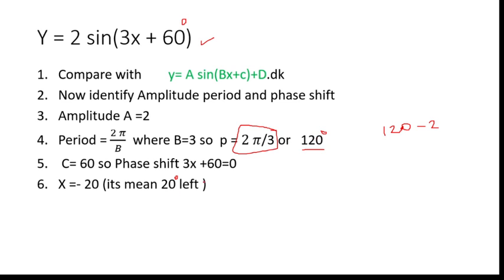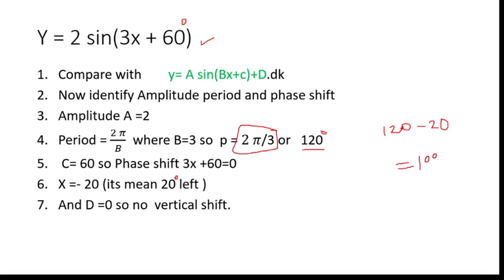If we are moving left any number of units, we subtract from our period. For example, in this case we move left 20 units, so we subtract 20 from our period, and we get 100 degrees. Now our period is 100, and from here our period repeats every 100 degrees.